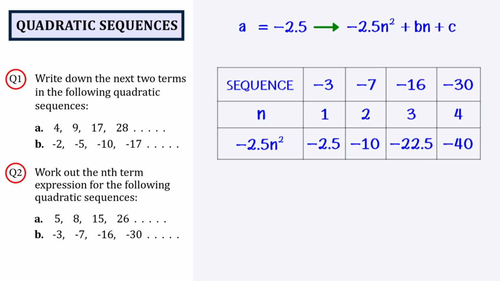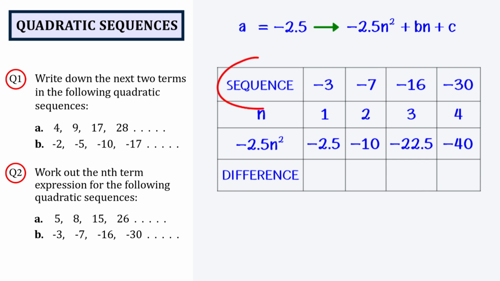And we can now create a further row to show the difference between the original quadratic sequence and minus 2.5n squared. So minus 3 minus 2.5 is equal to minus 0.5. Minus 7 minus 10 is equal to 3. Minus 16 minus 22.5 is equal to 6.5. And minus 30 minus 40 is equal to 10.